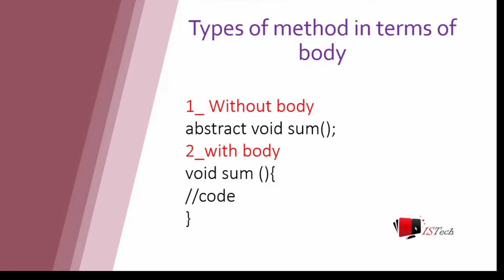One of them is with body and the other one is without body. A method that doesn't have a body should be abstract, and to use it we should make the class abstract or give a body for it. The second is method with body, a method that has its own body, as I told you.